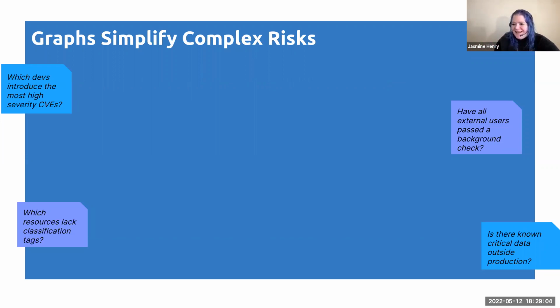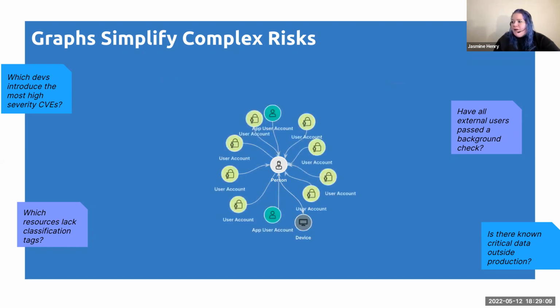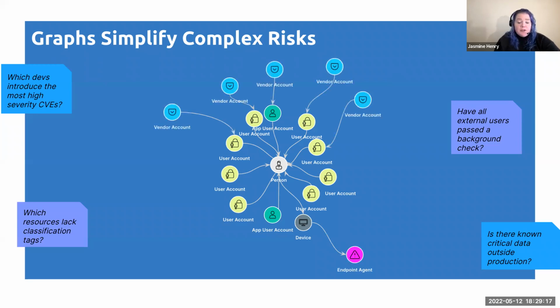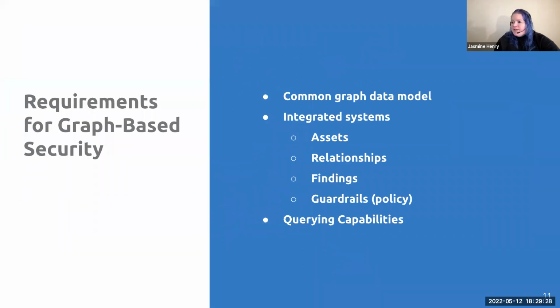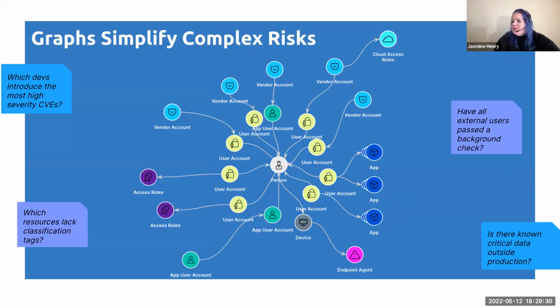Which resources lack classification tags, which we just talked about? Have all external users who have access to our systems, that might be contractor or third-party developers, passed a background check, which is often a requirement for US customers? And is there known critical data outside production? That is one that we constantly look for because it is one of security's greatest fears.